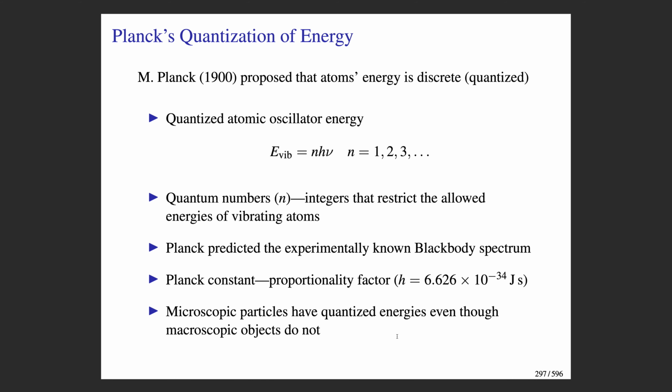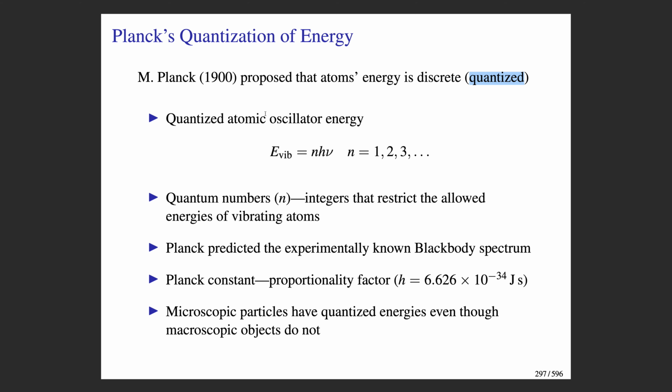And around 1900, Max Planck, a German physicist, was thinking about blackbody radiation, and he made the proposition that perhaps the energies of these atomic oscillators are not continuous, but rather discrete. That is, the energies are somehow quantized.